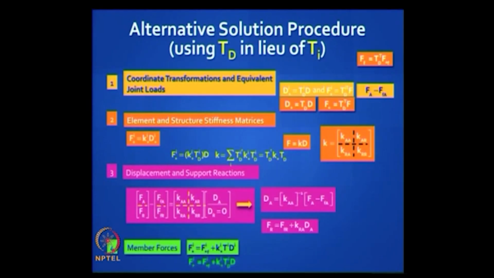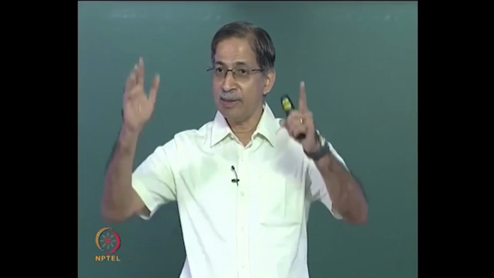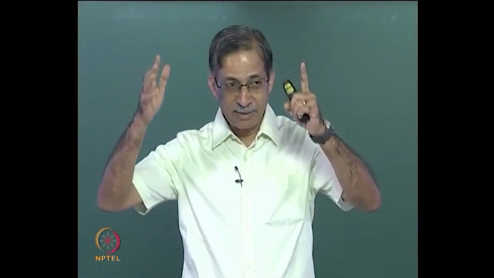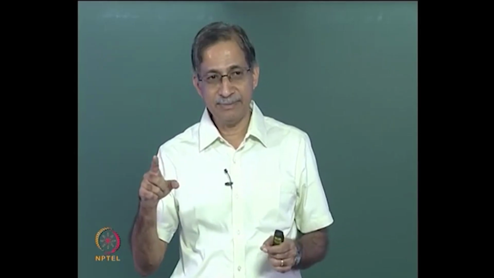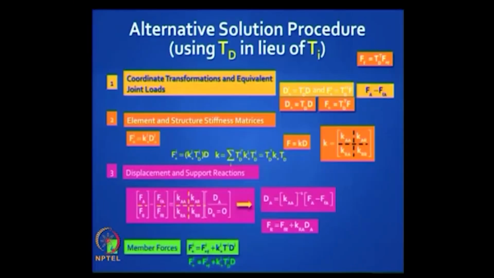Now I want you to look at this carefully. In this last step, we actually calculate from the DI. The DI are those components of the displacement vector of the structure which are relevant for that ith element. So the size of DI will be how much for an axial system element?